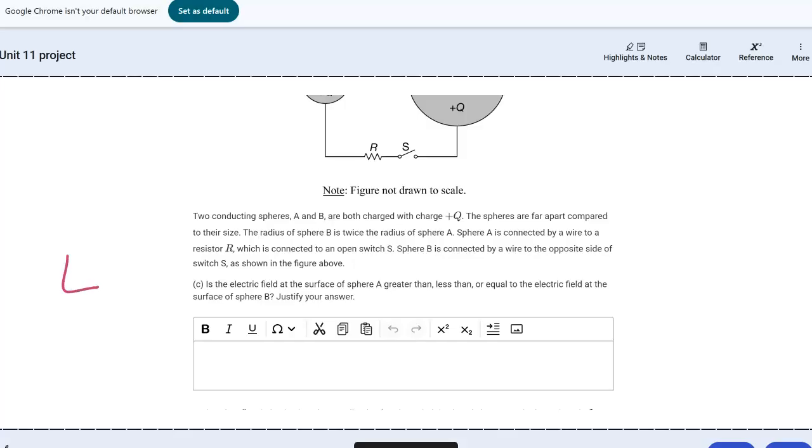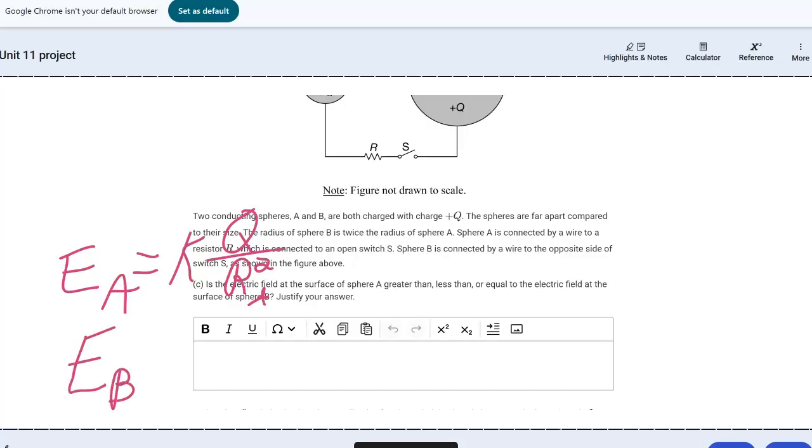So E A equals KQ over R A squared, and then E B equals KQ over R B squared.